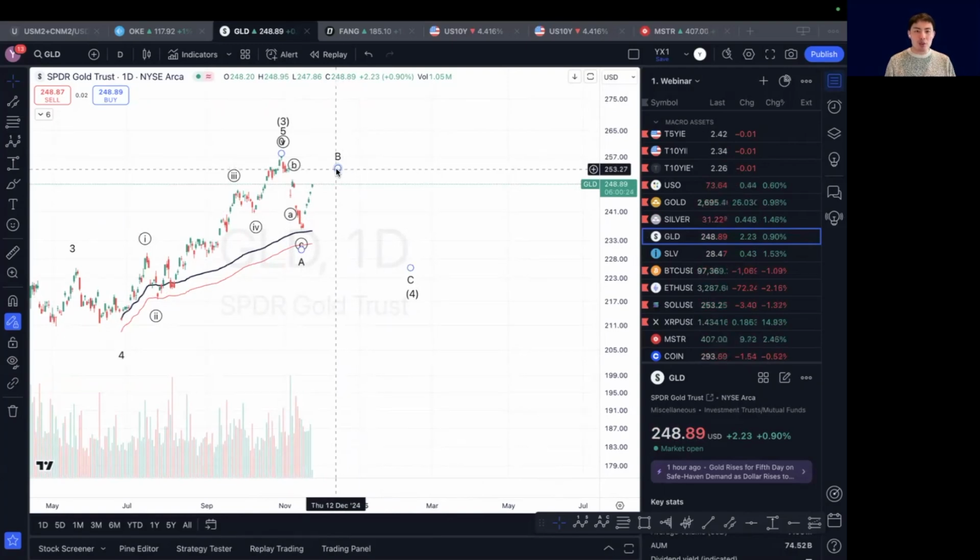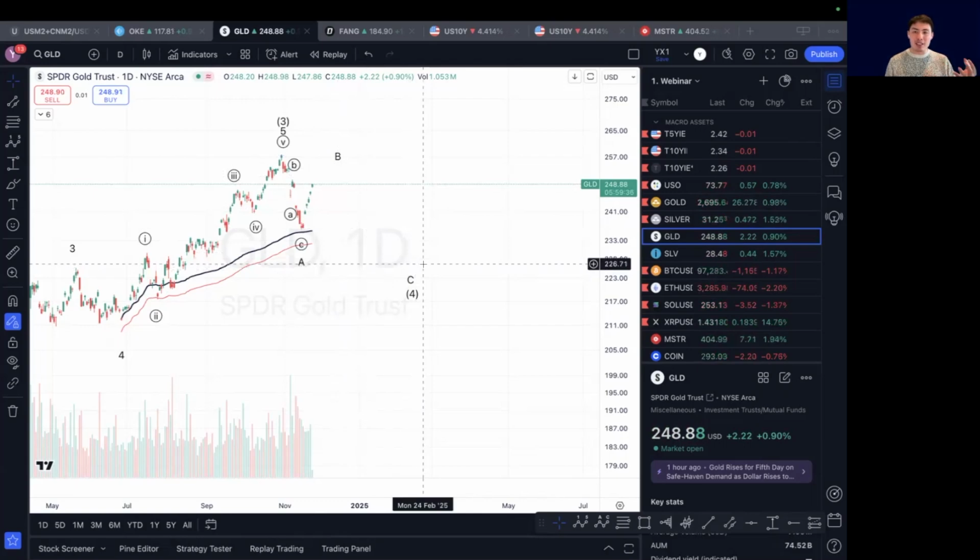So we're pretty close here. And wave B is notoriously difficult to play because it's so variable in terms of where it ends. So if I did play this bounce, which I personally didn't, I would now start thinking about maybe taking some profit as we approach this 253 level. I do think we still have a wave C to go.